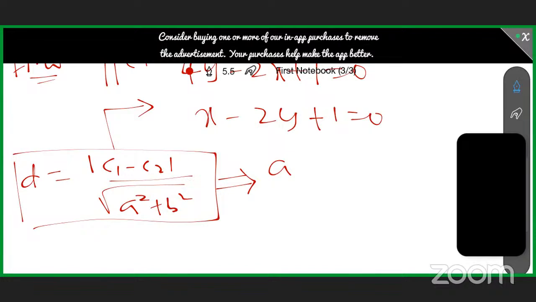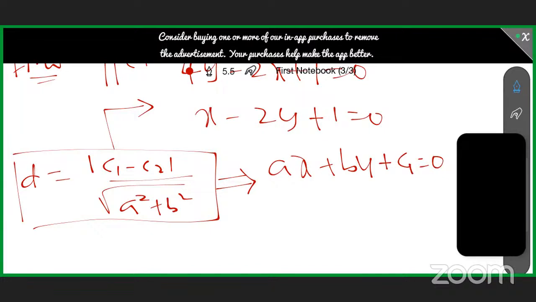AX plus BY plus C equal to 0. No, wrong. AX plus BY plus K equal to 0. Wrong. C1 equal to 0. Very good, Omkar.